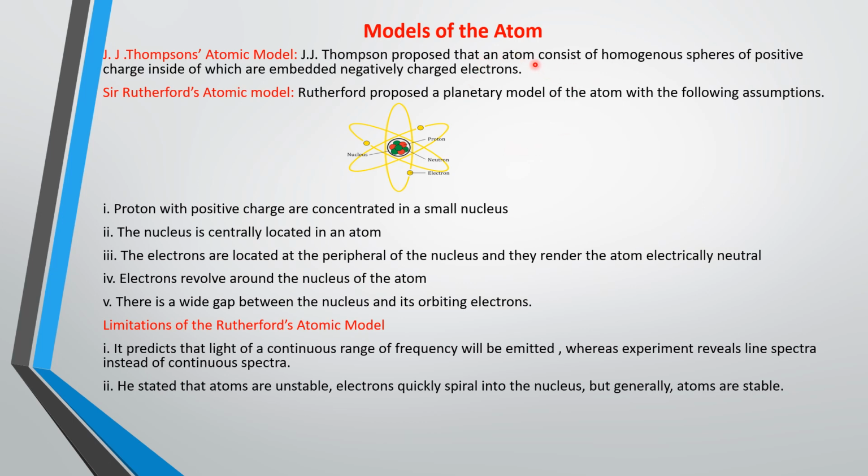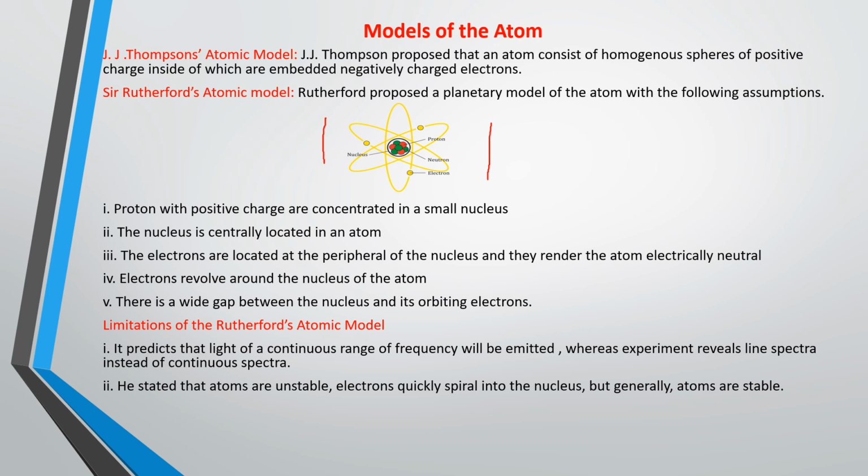Okay, so this is J.J. Thomson's atomic model. Another atomic model that is very key and important is Rutherford's atomic model. Rutherford proposed a planetary model of the atom with the following assumptions. So this is Rutherford's proposed atomic model. Rutherford proposed something that looks like planets revolving around a central nucleus, and the electrons are on the orbit.